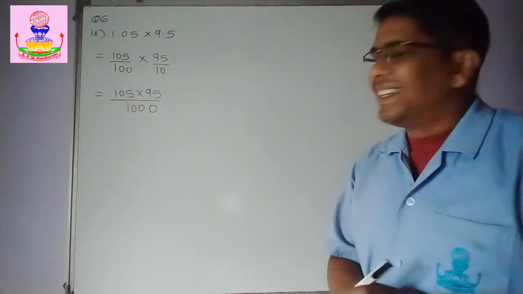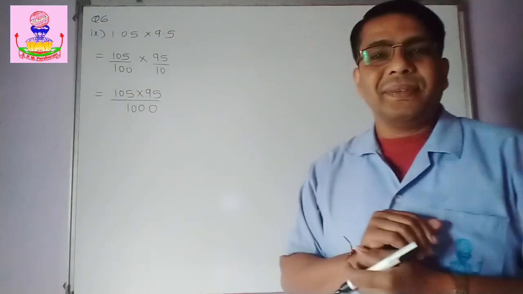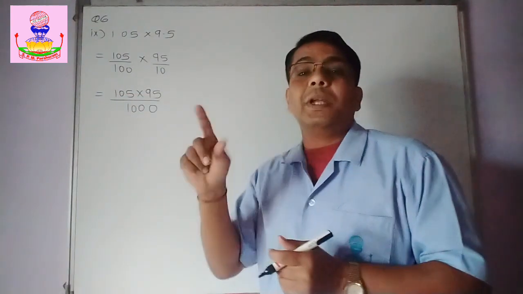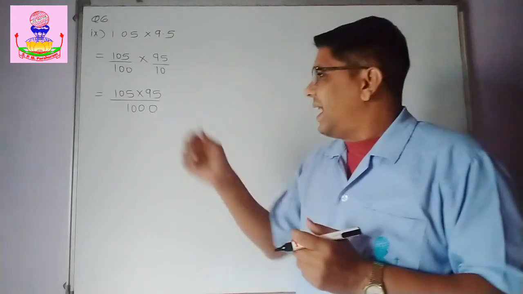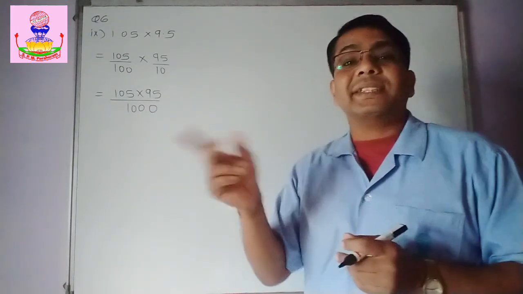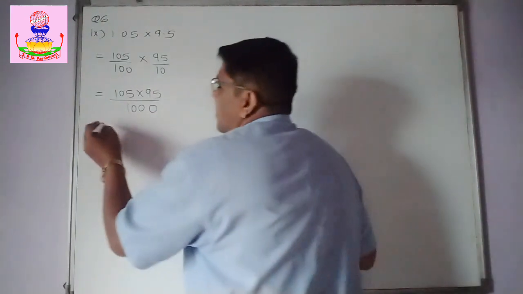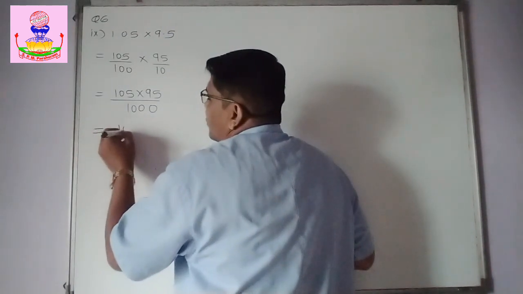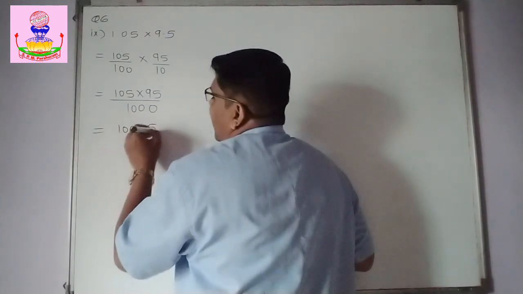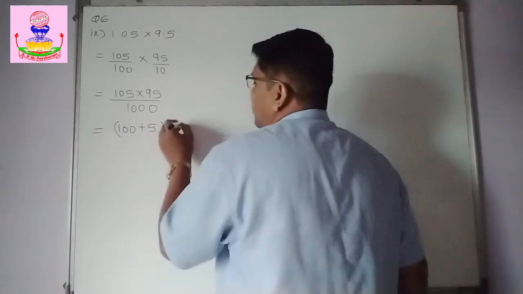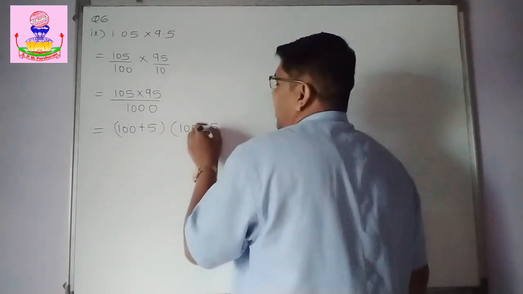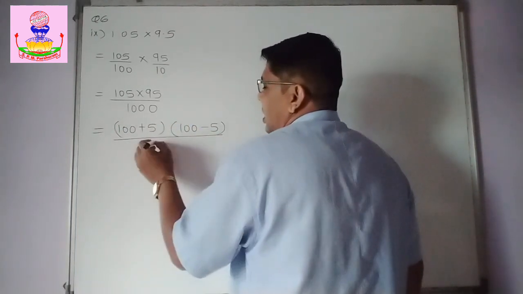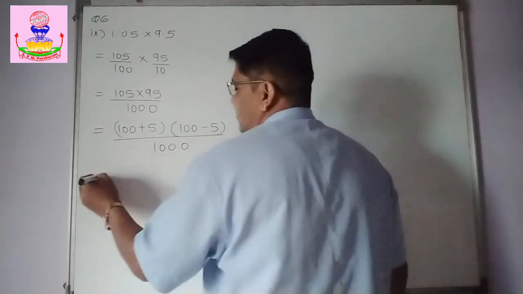Now say this 105, I can write it as 100 plus 5. And this I can write as 100 minus 5. So 100 plus 5 into 100 minus 5 upon 1000.